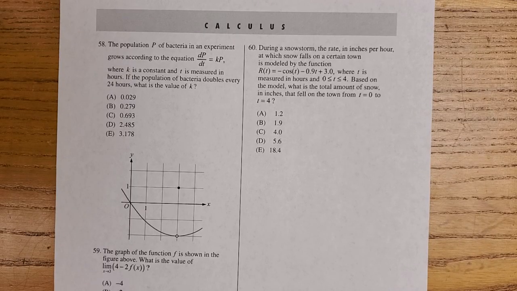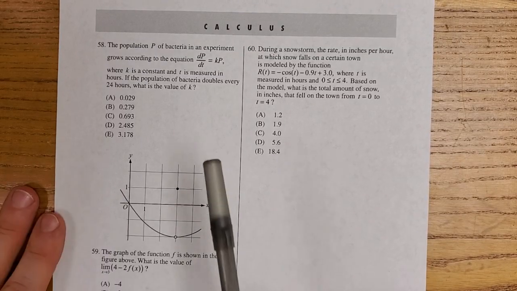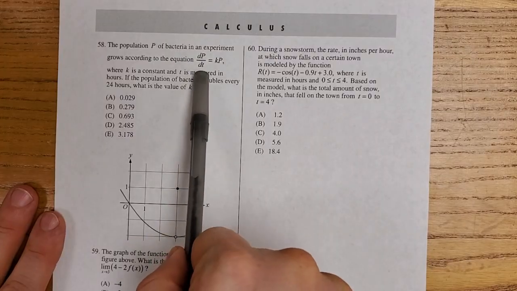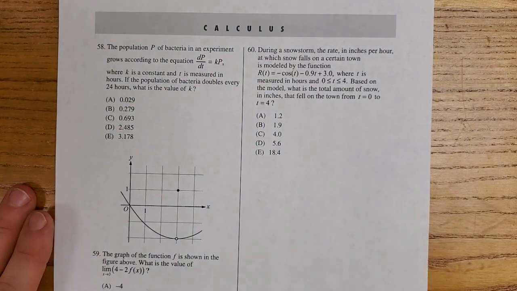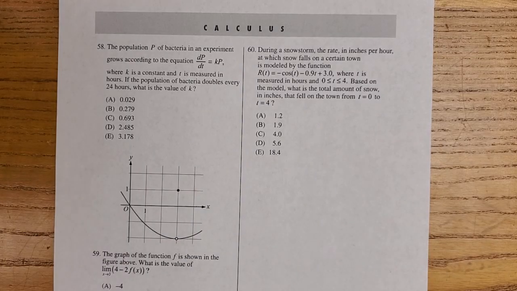It's a derivative, it's a slope, equals k times P, where k is a constant and t is measured in hours. You note the trick here is that it's a derivative per t, but t is not part of the equation here. This is that goofy exponential growth stuff again.